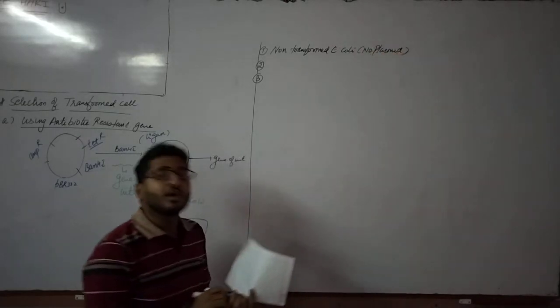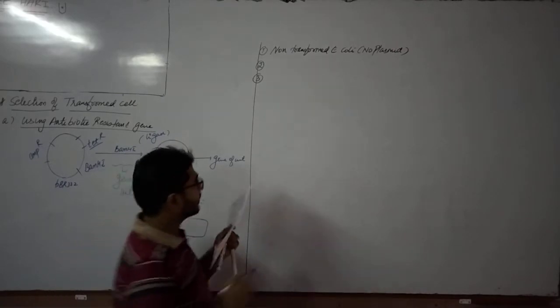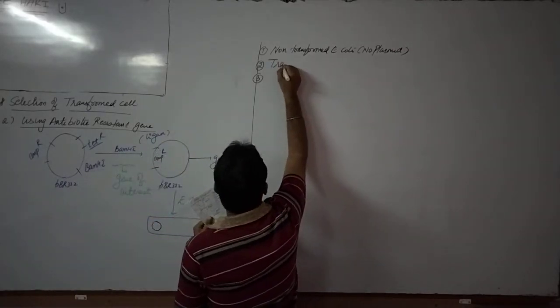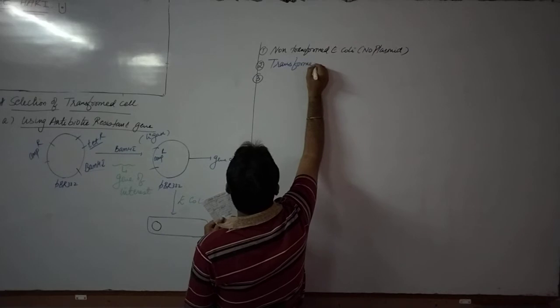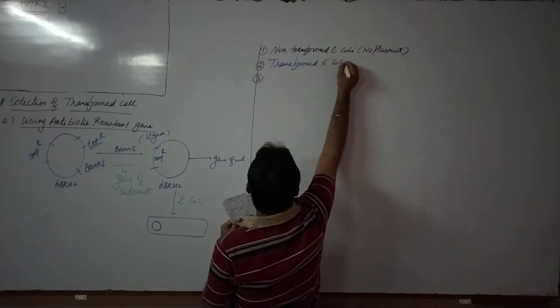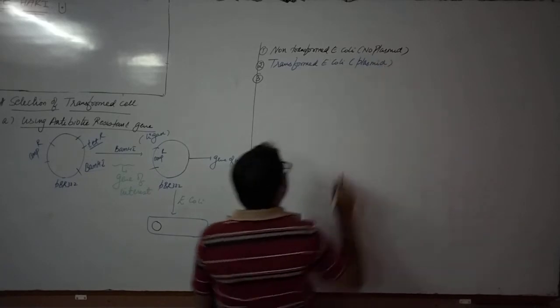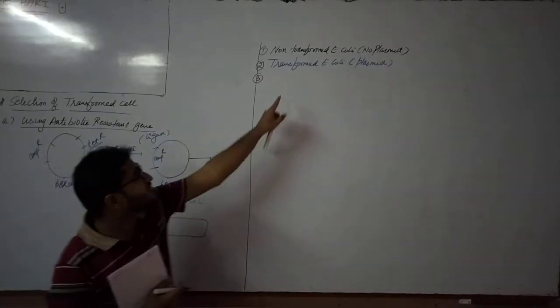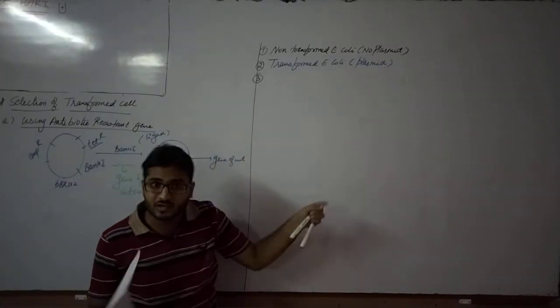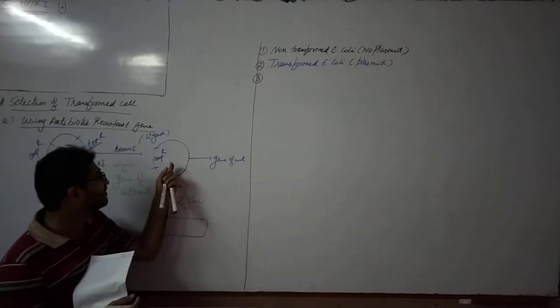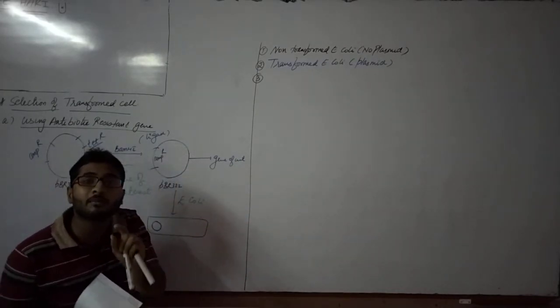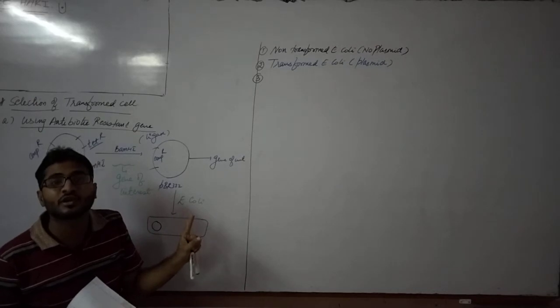The second possibility is transformed E. coli with plasmid. Please understand, this is transformed E. coli. E. coli is transformed, that means it has received the plasmid pBR322. Only plasmid, no gene of interest.